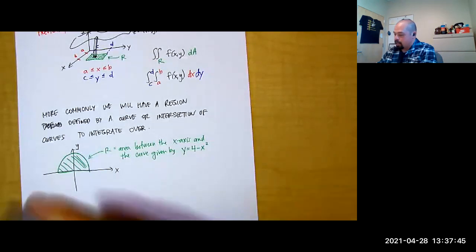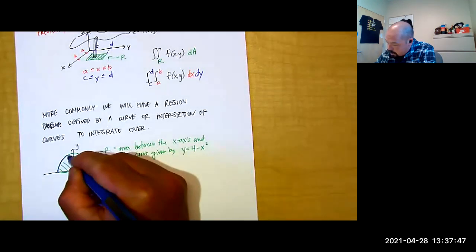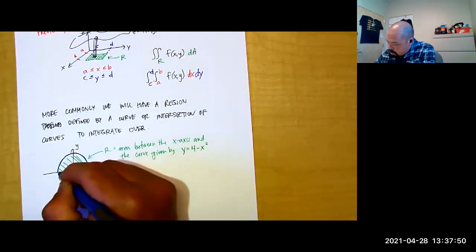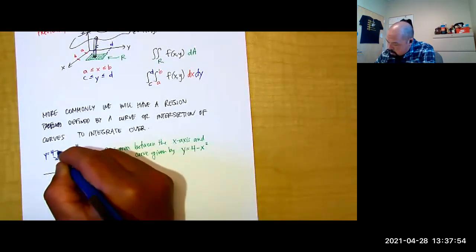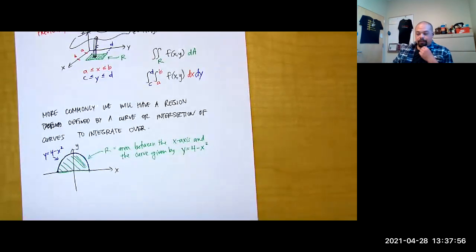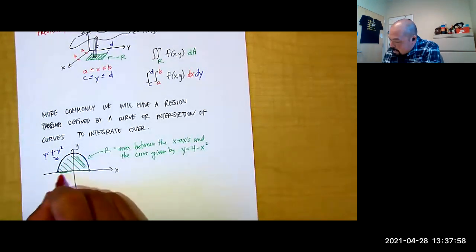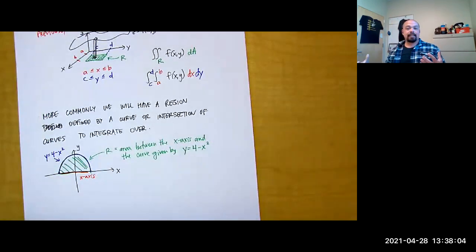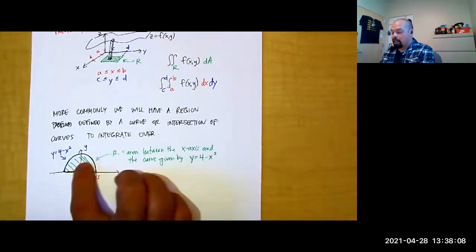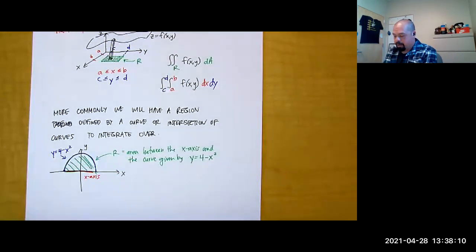So if this is that downward facing parabola, we have our x-axis. I want to be above the x-axis, below that curve. This is the region I want to integrate over.